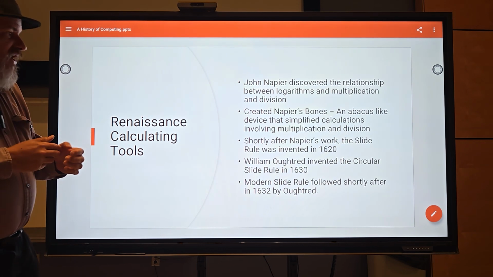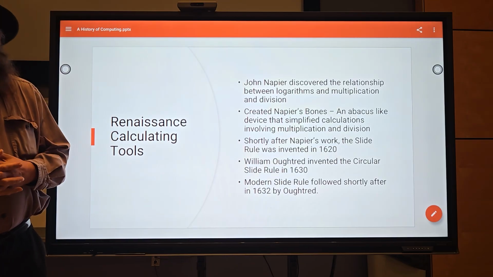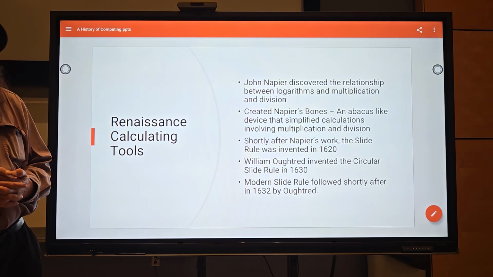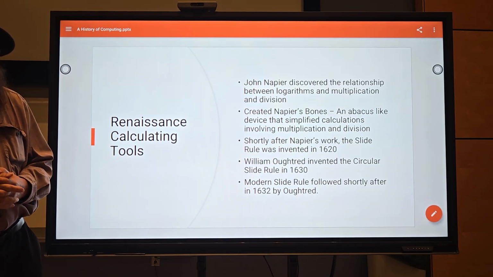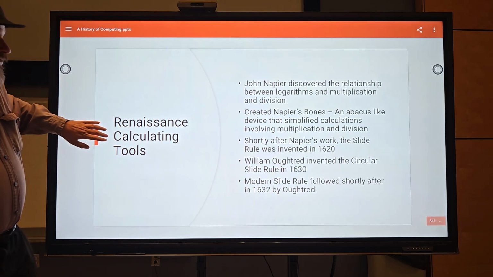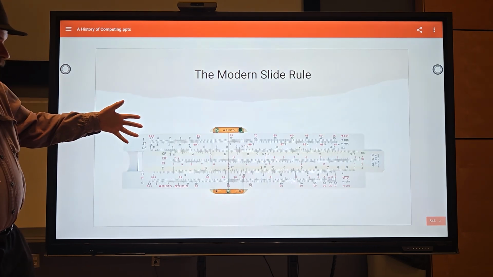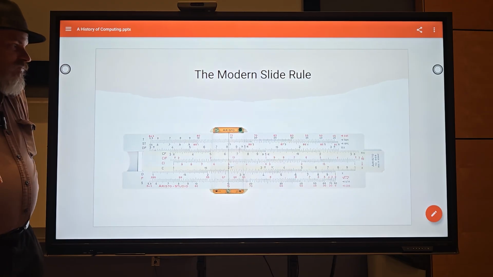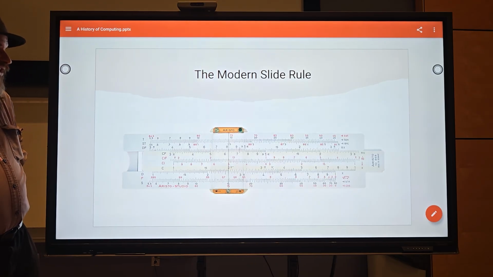Now, the slide rule was used as a scientific calculating device up until the advent of basically electronic computers in the 1960s. They used slide rules to calculate trajectories of rockets going into space using a simple device such as the modern slide rule.